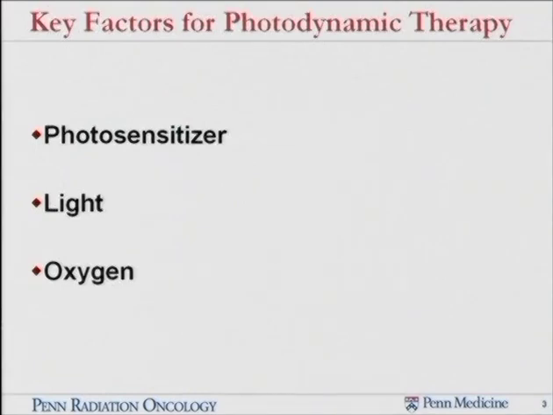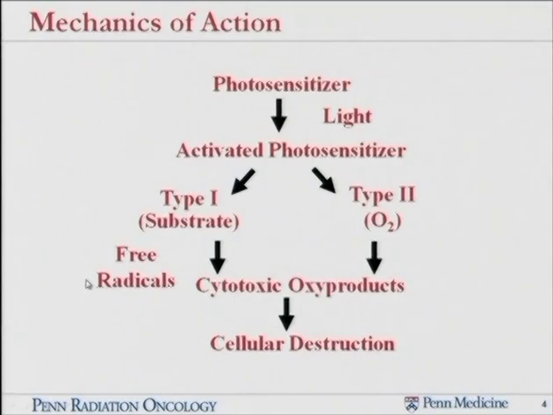As you well know now, PDT really depends on three components: photosensitizer, light, and oxygenation. As a result, all three components are needed. Here is just a brief overview of the mechanism of action. The patient is given photosensitizers, which are then activated with light.